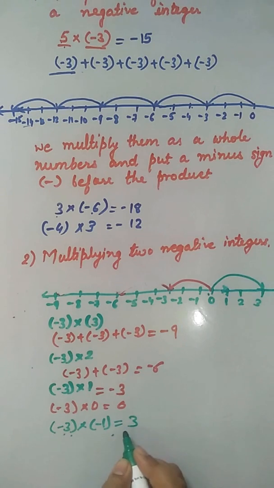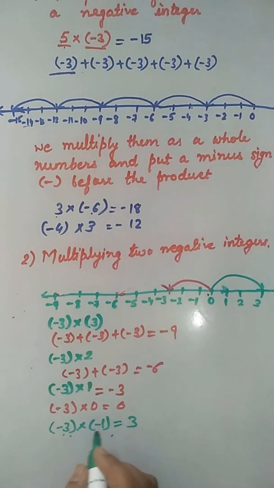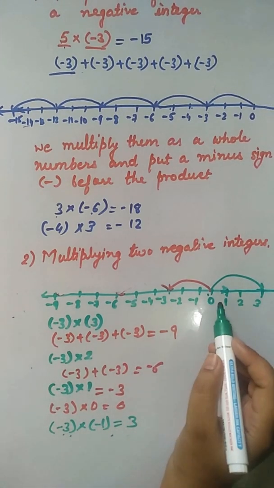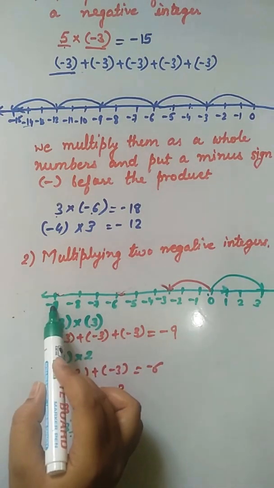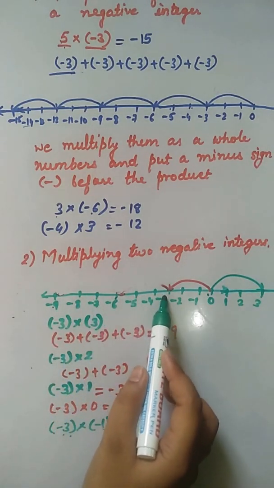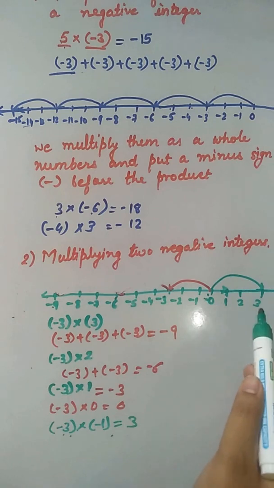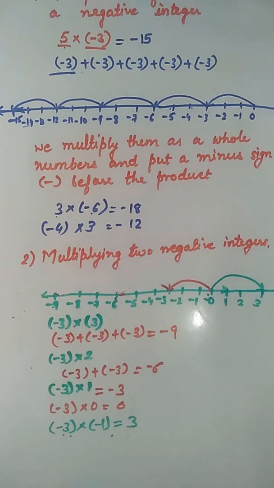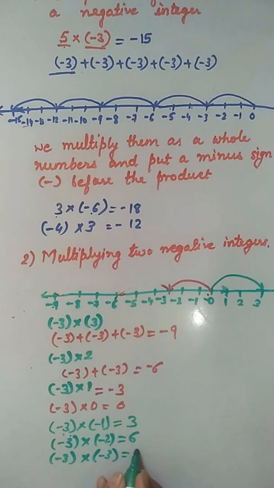It means the answer will become positive. We started from minus 9, then minus 6, then minus 3, then 0, and then we start moving on the right side of the number line. So minus 3 into minus 1 is 3. Minus 3 into minus 2 will be 6. Minus 3 into minus 3 will become plus 9.